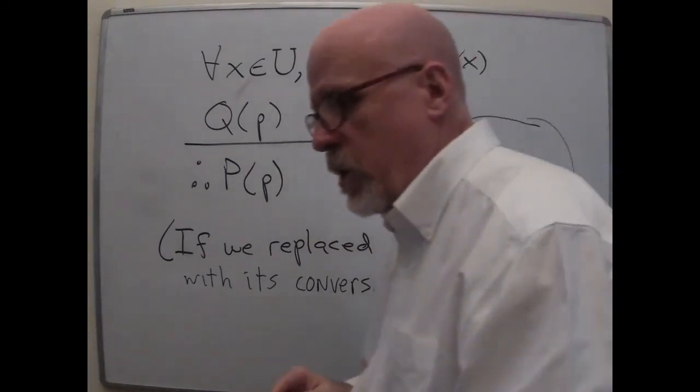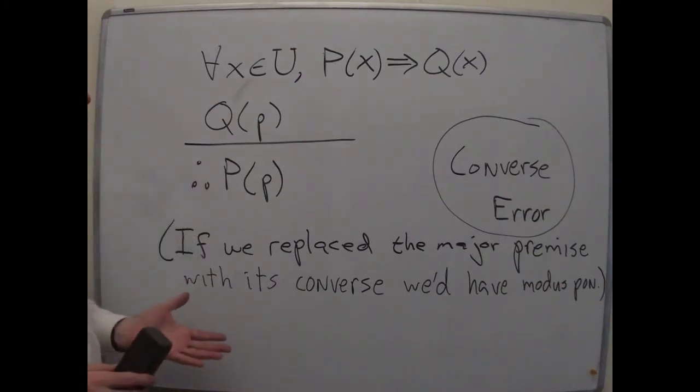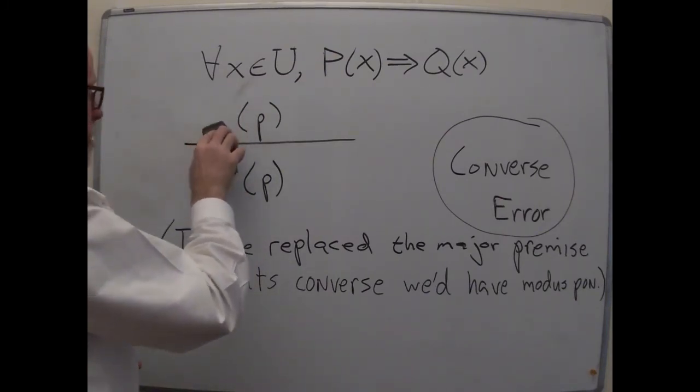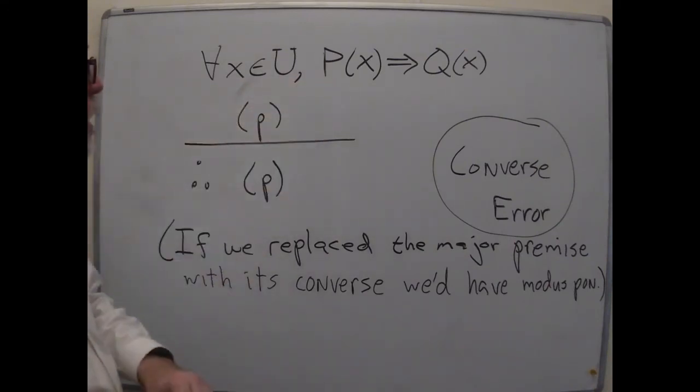I can probably cheat a little bit and just make some changes to what I've written on this board to allow us to figure out what the inverse error is. Remember, in all of these things, whether they're the correct arguments or the converse or inverse error, the major premise remains the same. You start with, for all x in U, P of x implies Q of x.